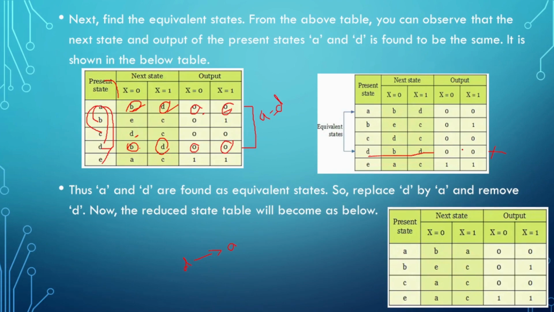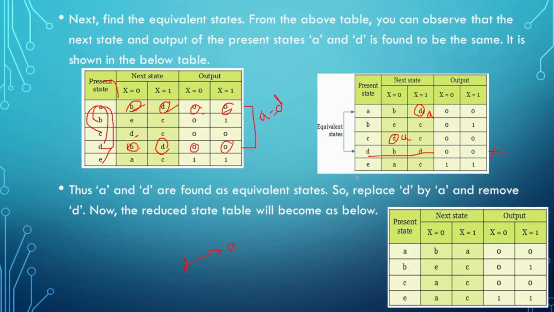Remove the state. Afterwards, you need to fill D as A. See here, we will have D here. You need to replace D with A. Likewise, this is D, fill D with A and remove this D state.